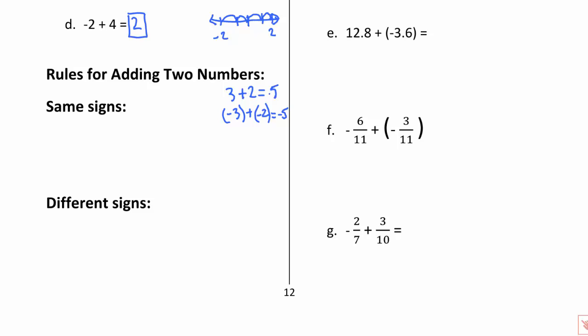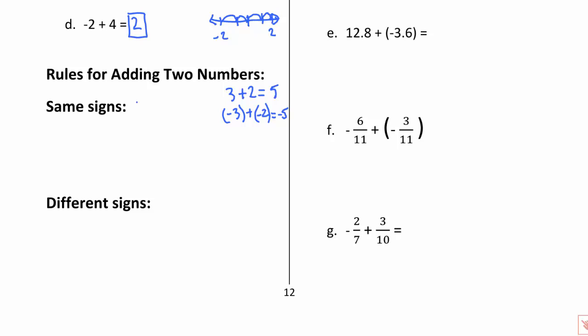in this case positive. Same thing here, absolute value of negative 3 plus absolute value of negative 2 gives me 3 plus 2, which is 5, and then I just keep the sign that I see, in this case negative, so that'd give me a negative 5.